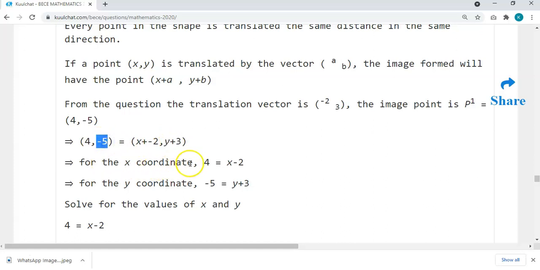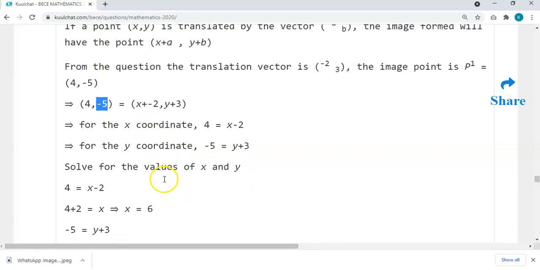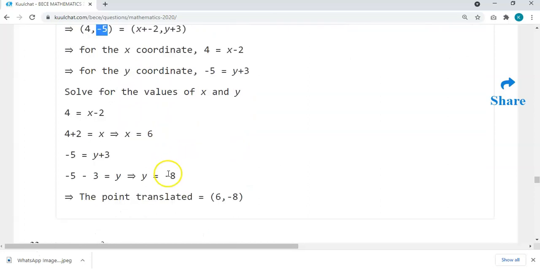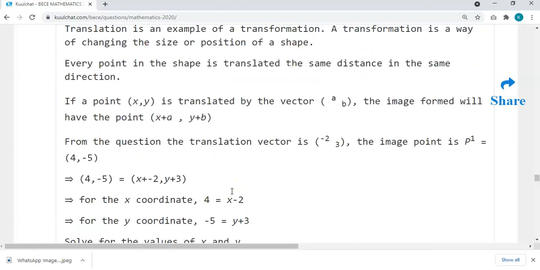So we get 4 is equal to x plus negative 2, which is the same as x minus 2. Then this one goes, so our x is going to be 6. And for the other, negative 5 is equal to y plus 3. This one goes, so it becomes negative: negative 5 minus 3, which gives you negative 8. So our x value is 6, and our y value is negative 8.